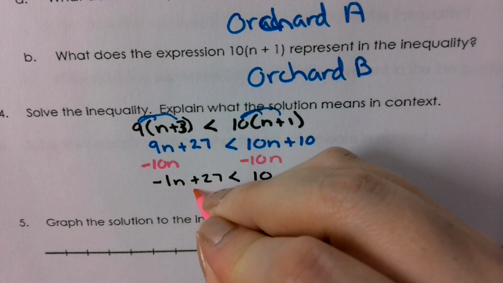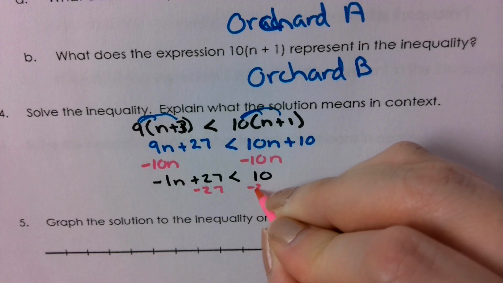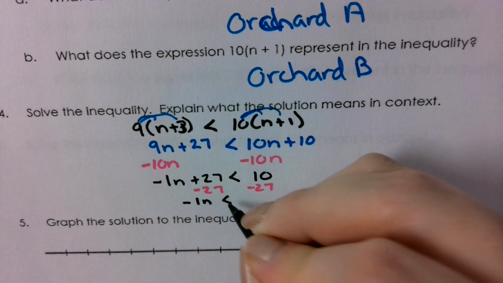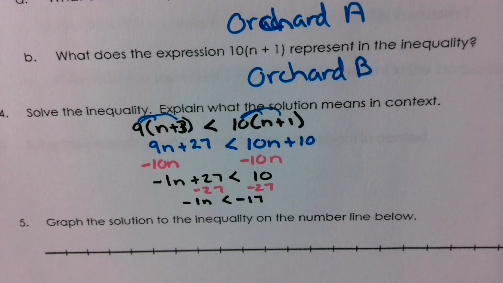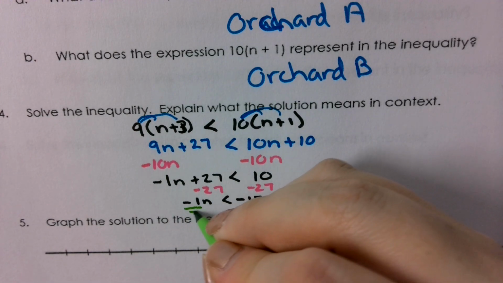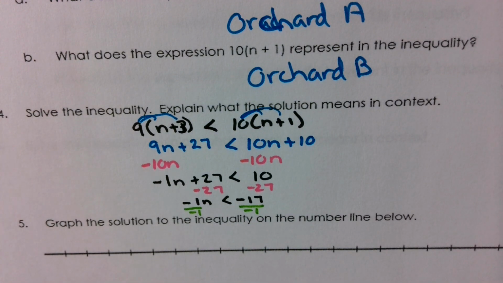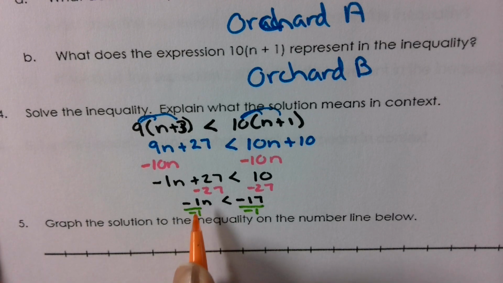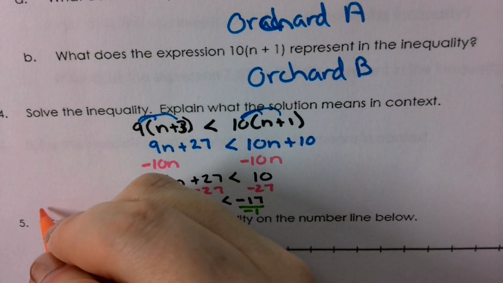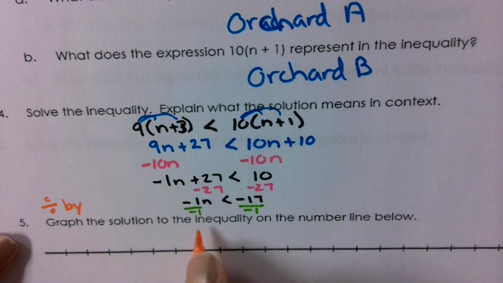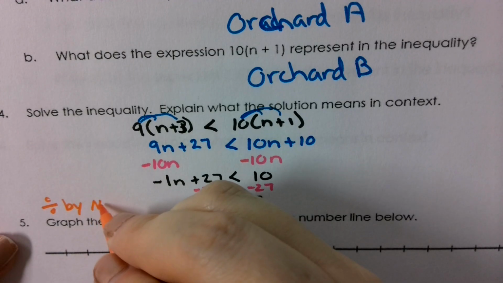From here, we can then go ahead and start solving by subtracting 27 from both sides. That gives us negative 1n is now less than negative 17. And then we would divide both sides by negative 1. I'm sorry, I'm running out of space there. Now again, the note that I need to make: anytime I multiply or divide, I want to make a note. We are currently dividing by a negative value.